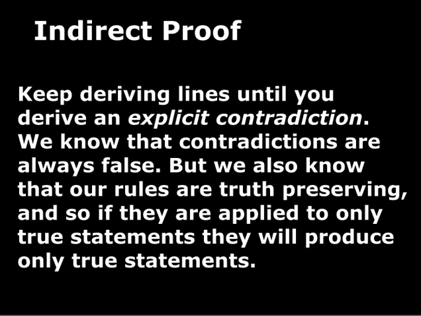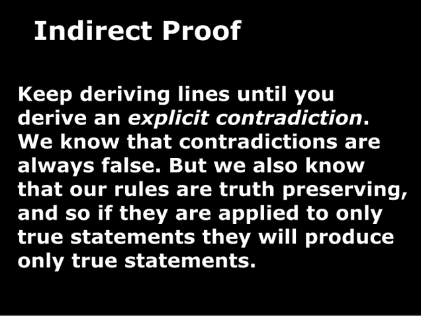It could be atomic, like P and not P. It could be compound, like if X then Y and not if X then Y. So any statement conjoined to the negation of that same statement is an explicit contradiction. That's what you're trying to get.